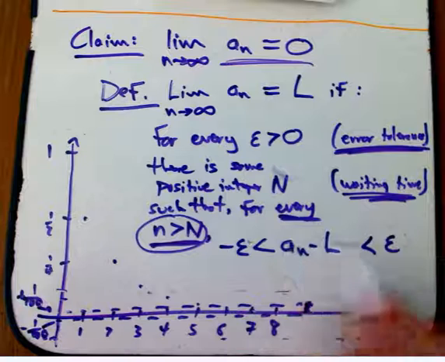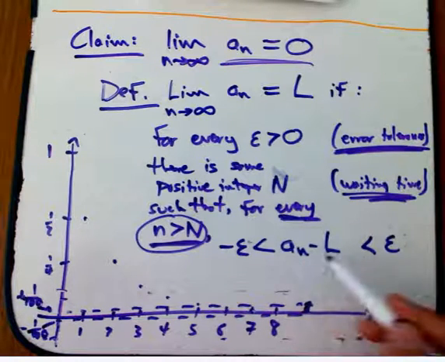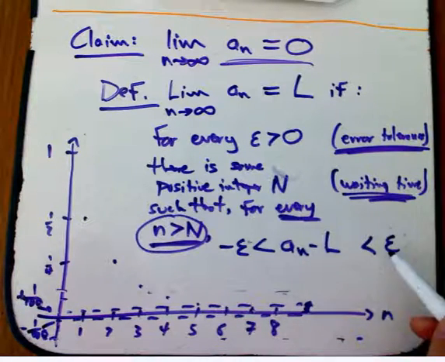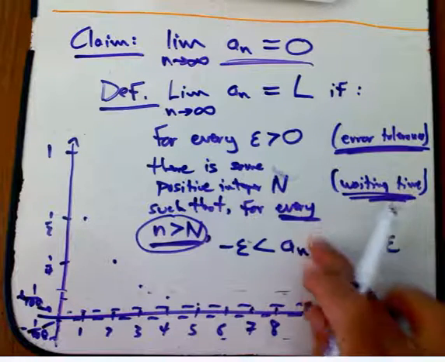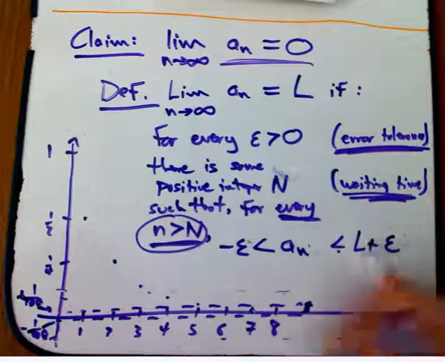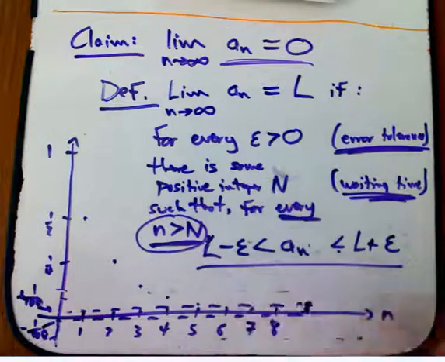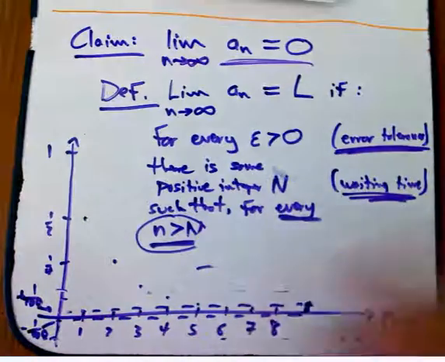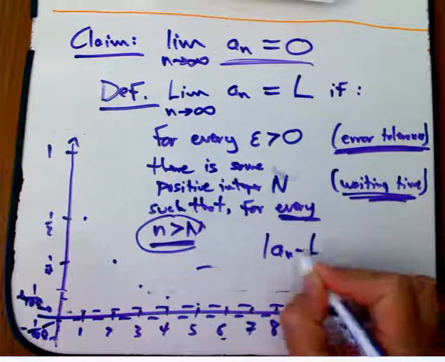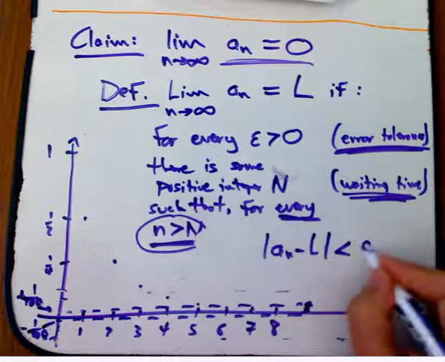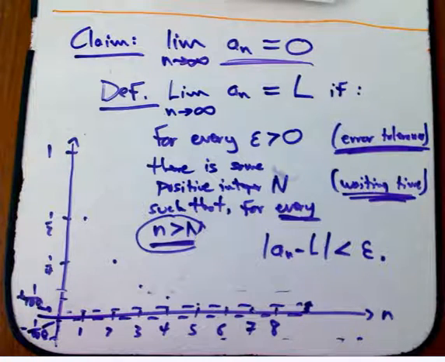The difference, with the sign taken away, is between minus epsilon and epsilon. And if you just add L to everything here, you just recover what we had. So you can always think of it like that, but you'll often see it with the absolute values. That's how you most often see it. It's just a little tighter and is nice for certain manipulations.